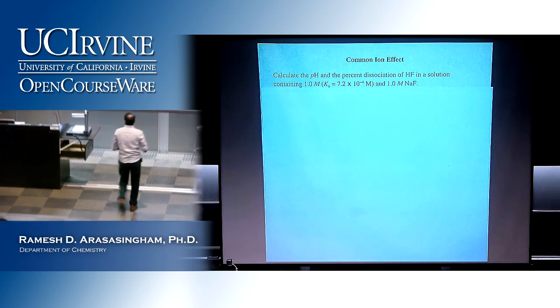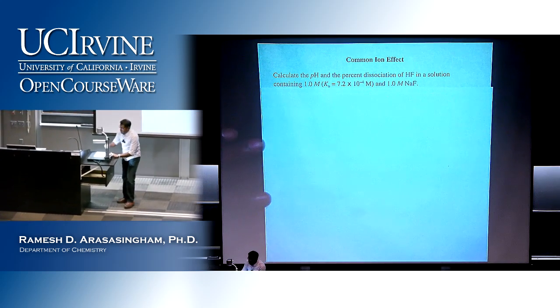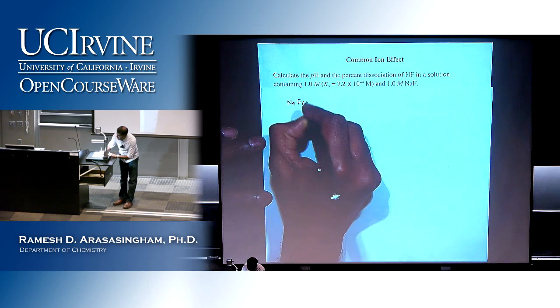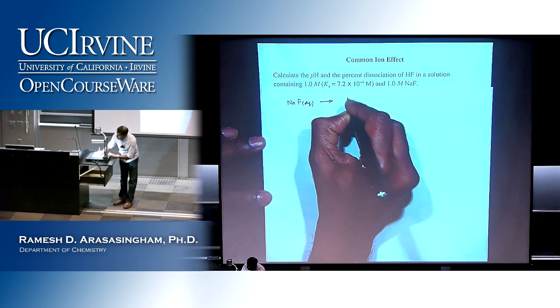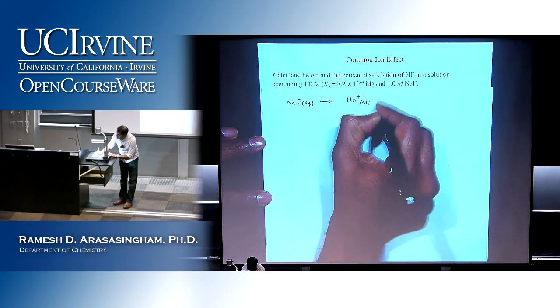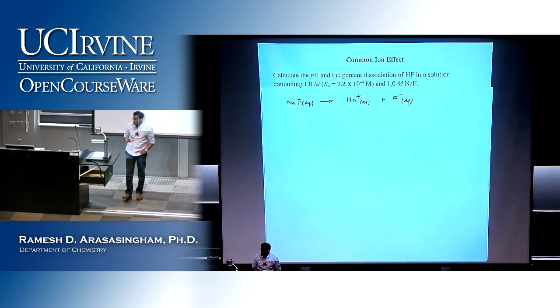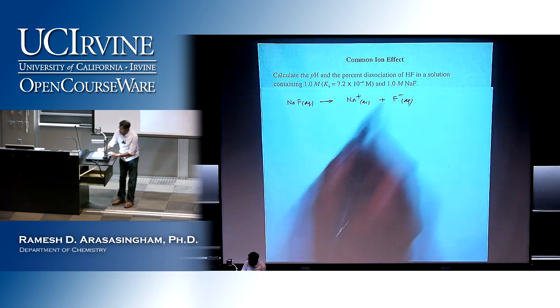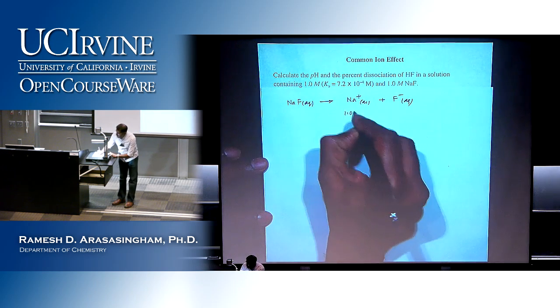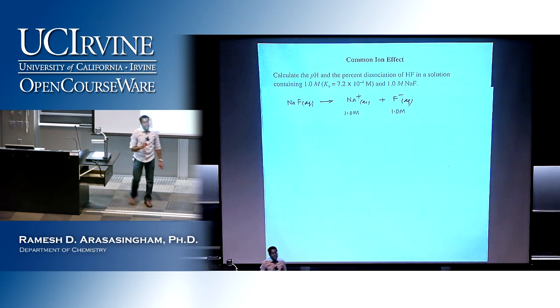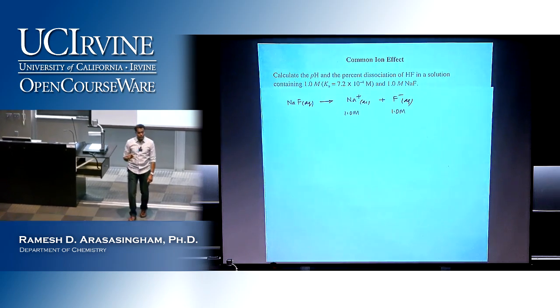Okay? So we're adding sodium fluoride, so all of you recognize that sodium fluoride dissociates to give you the cation and anion. And if we started with 1 molar of sodium fluoride, we know that we end up with 1 molar of sodium cations and fluoride anions.